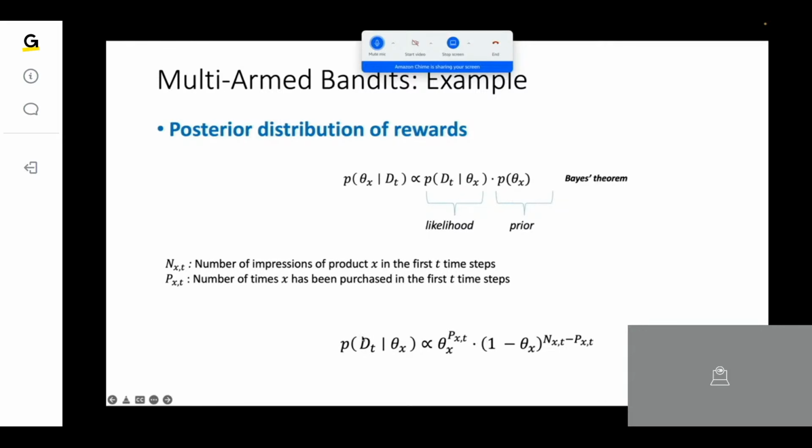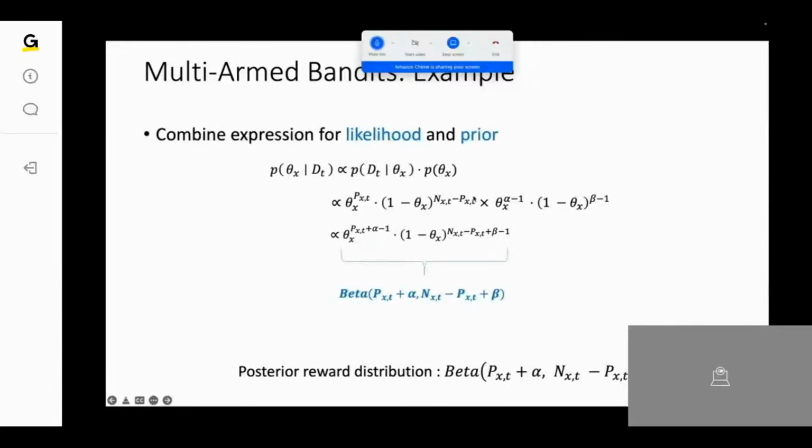With these notations, you can write this likelihood term the following way. Okay, so it has again a theta and 1 minus theta term. The first term represents the purchases, the second term represents the non-purchases. Now we'll bring in the prior term. What is new here is the prior term, which is the beta distribution.